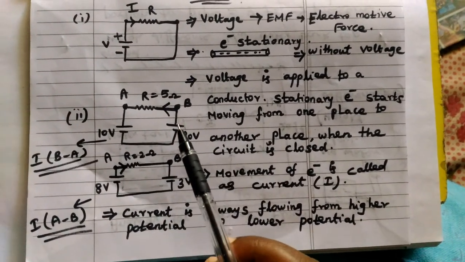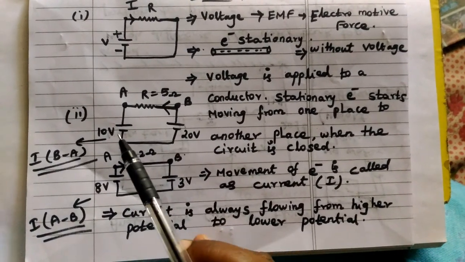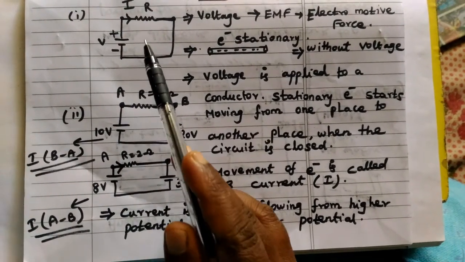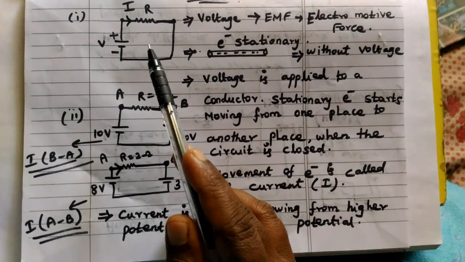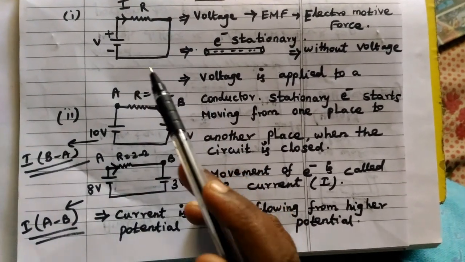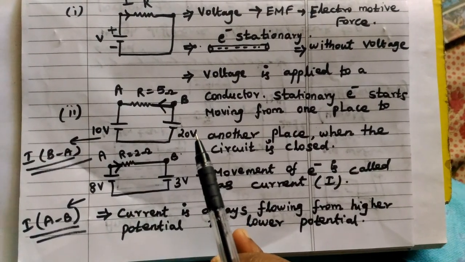So how do we identify the direction of current flow? Take the circuit. It has two sources, 10 volt and 20 volt. The above circuit has only one source, so automatically the current starts flowing from the source to the load. Here we have two sources, 10 volt and 20 volt.